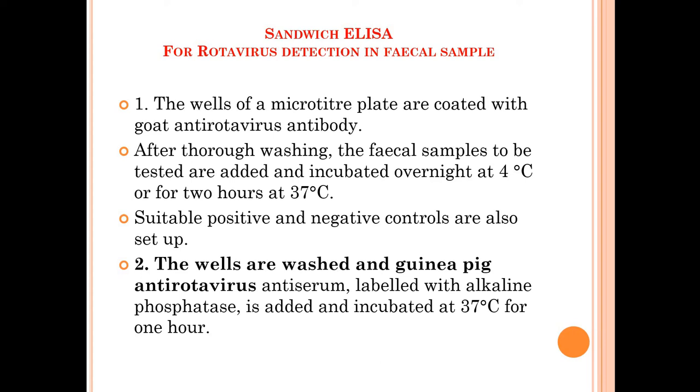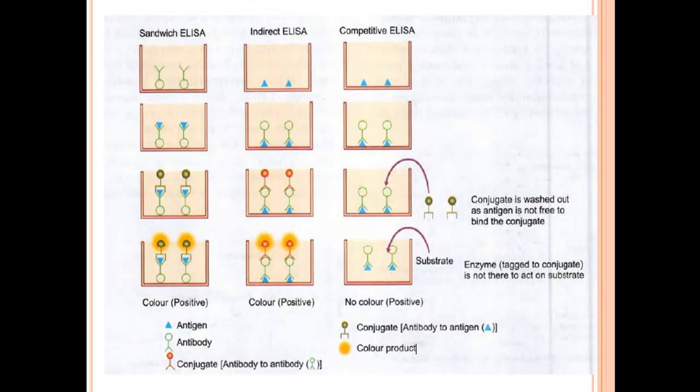We'll go further. This is the diagrammatic presentation of three different types of ELISA, such as sandwich ELISA, indirect ELISA, and competitive ELISA, wherein there is a slight difference between all three tests with respect to the way in which it is carried out, the way antibodies are used, the way antigen is used, and that is why the name is given like this.